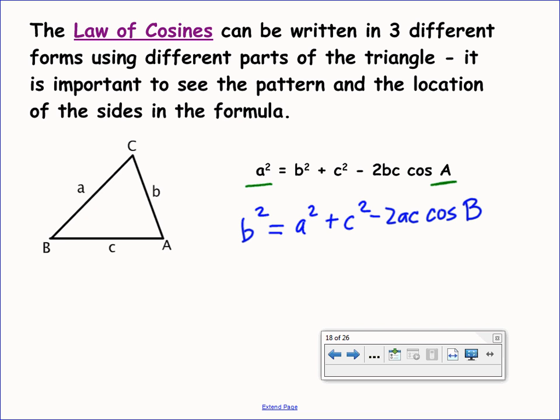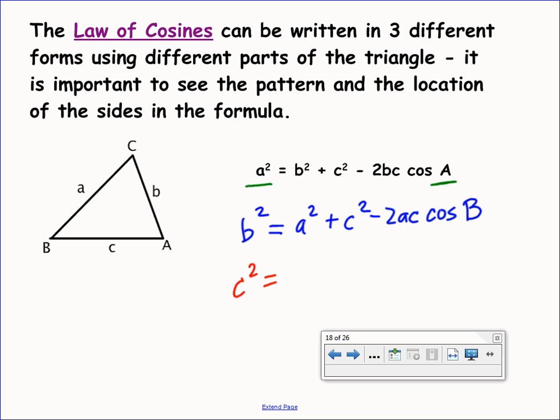Let's everybody write these three forms then. There's nothing special about the letters A, B, and C. What's important is the placement. Whatever side length is isolated on one side squared has to be opposite the cosine of that same angle. The other two sides, whichever ones you didn't use, go here and here. So if I chose to solve for c squared, then I have what here?